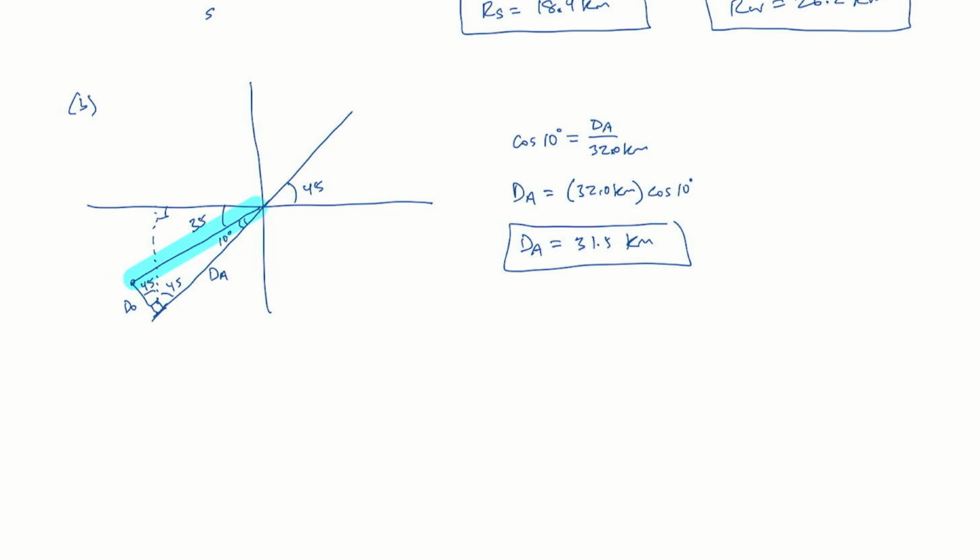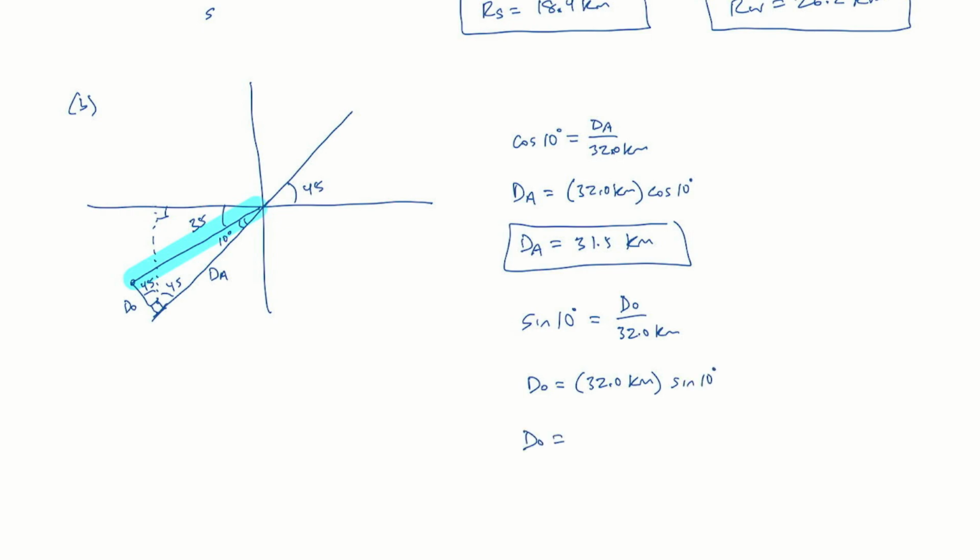And now if I take the sine of the 10 degrees, I get the opposite displacement, dO, over the 32 kilometers. And dO is going to be 32 kilometers times the sine of 10 degrees.